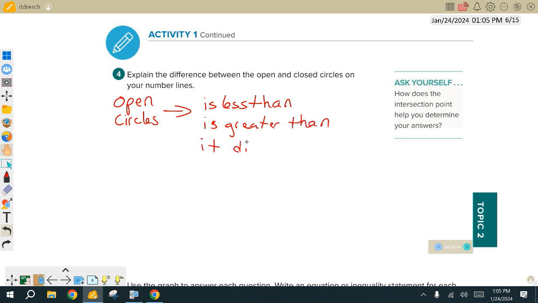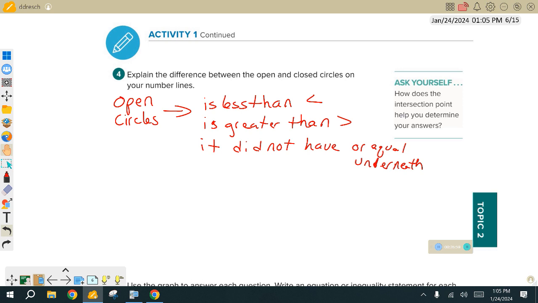It did not have the or equal underneath, as Jalen just said. Right, the line underneath. Those were the symbols where that's used.